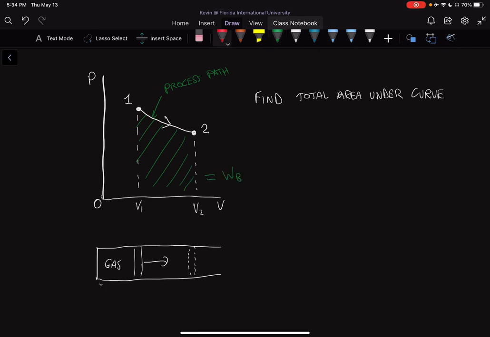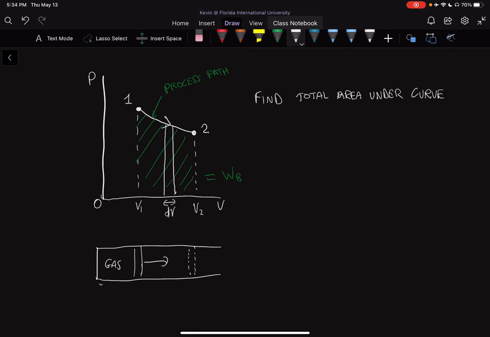And if we zoom in a little bit and we actually look at the system itself, we can write that the system is essentially a sum of little differential volumes, right?